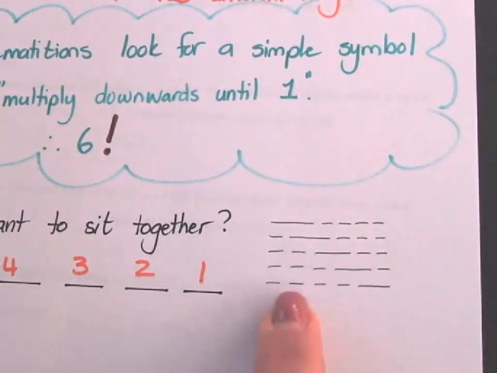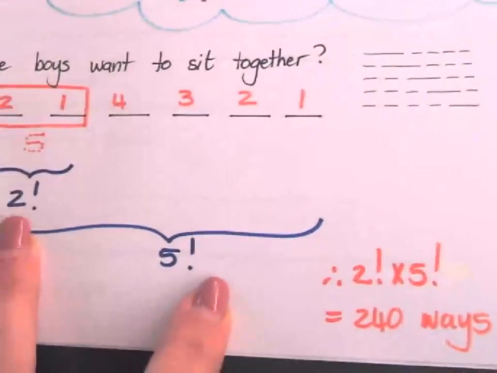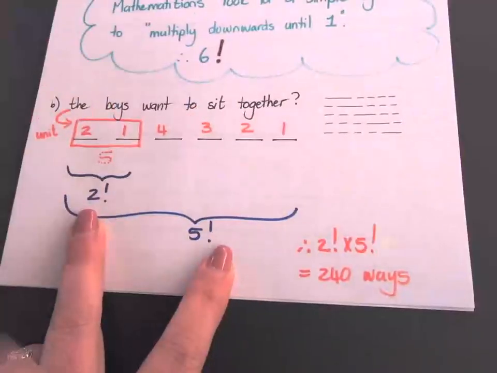So that you actually use 5 ways of seating them, but they have to be together. Do you all understand?